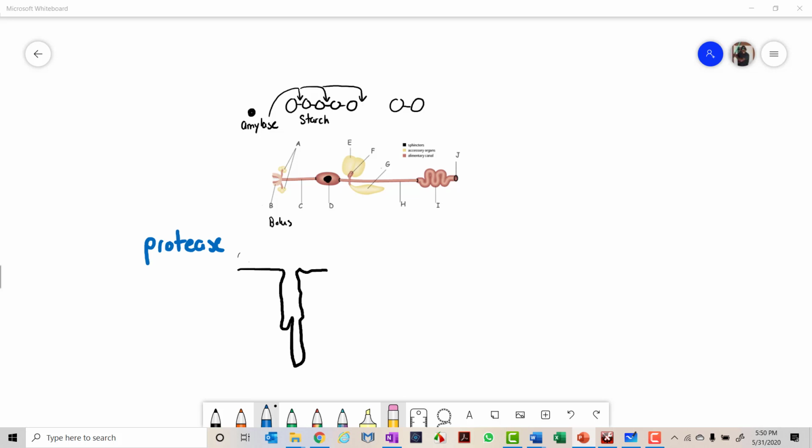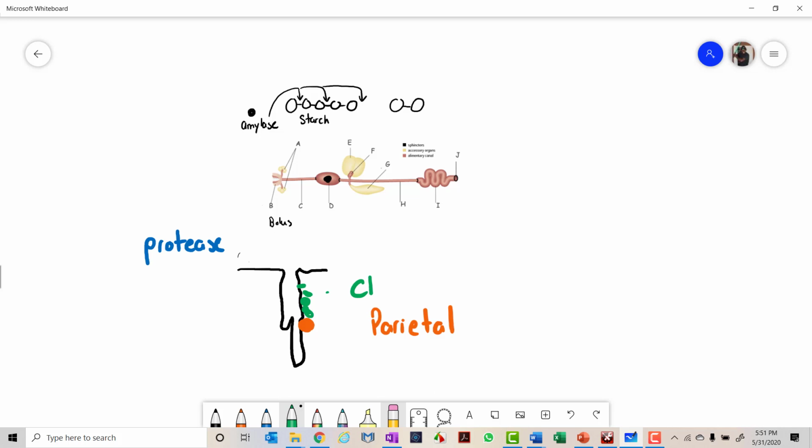So those cells include, I'll get another color here, parietal cells, and chief cells, which make up the majority.